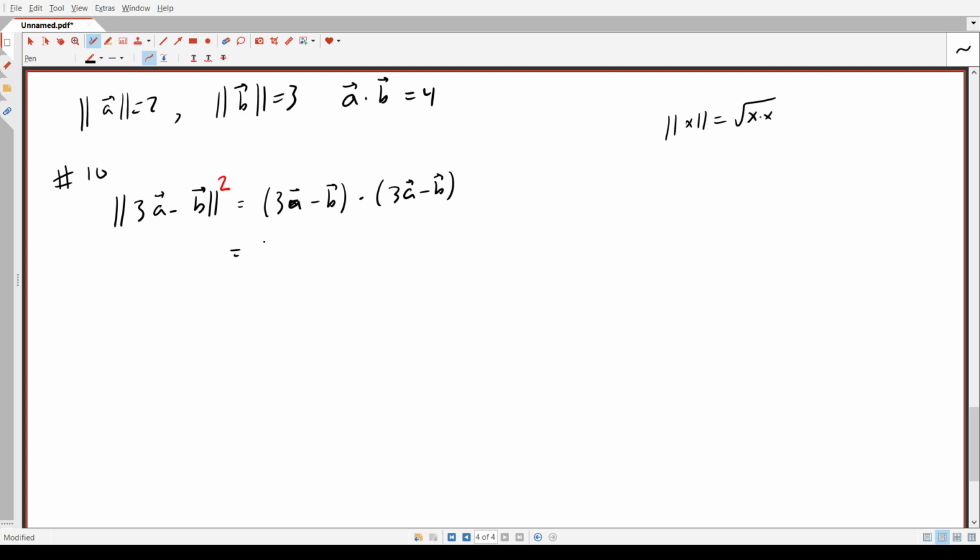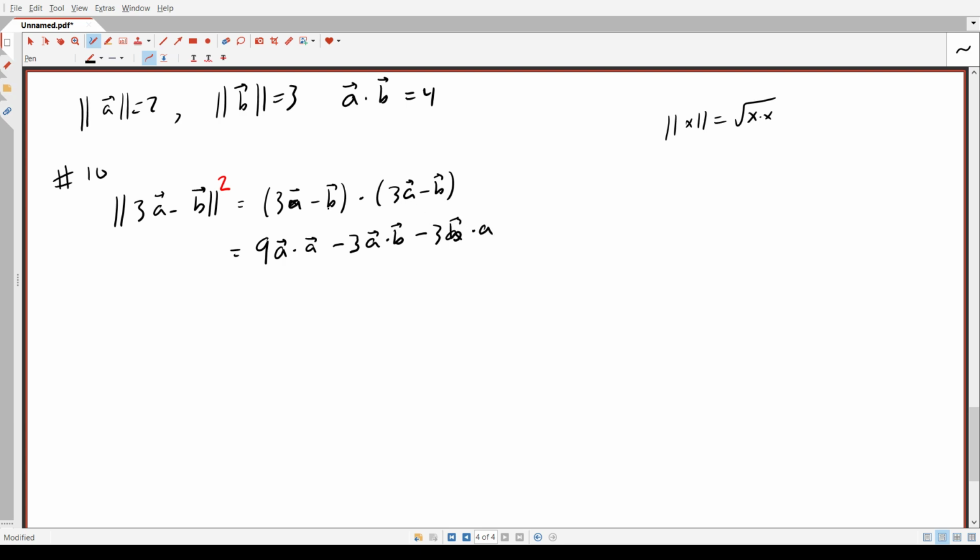So I just distribute. So I have 9A dot A. Then I have 3A dot minus B. So I can combine the negatives. So I have minus 3A dot B. Then I have the same thing again, except this is B dot A.